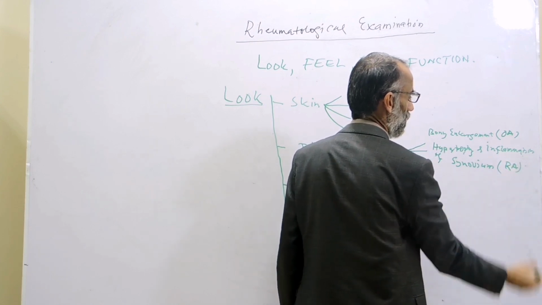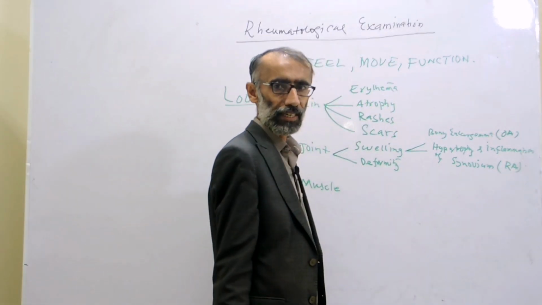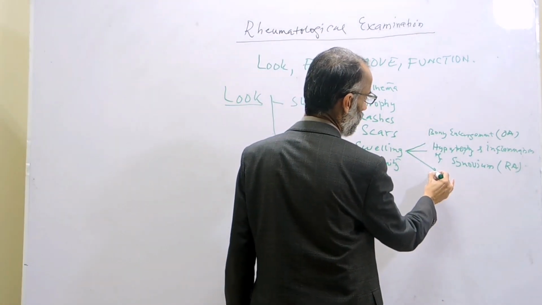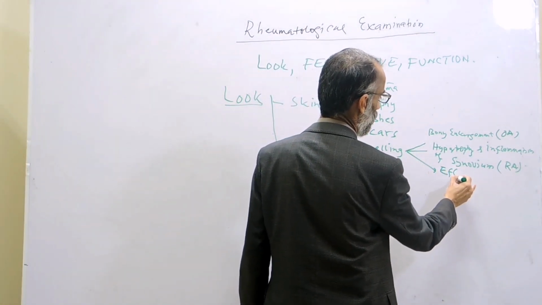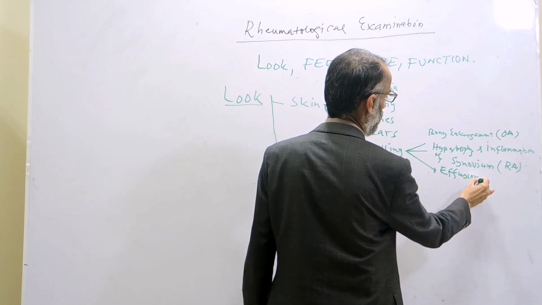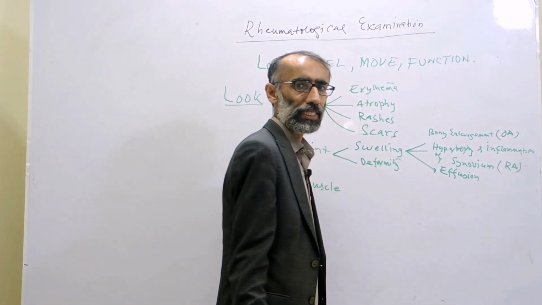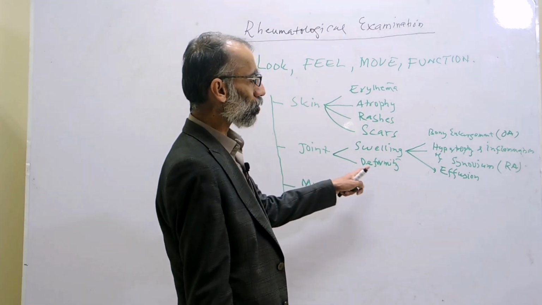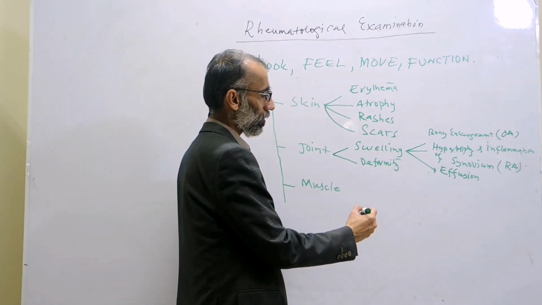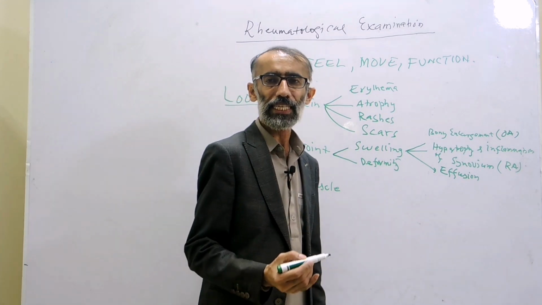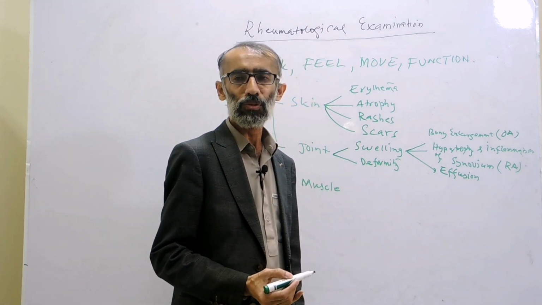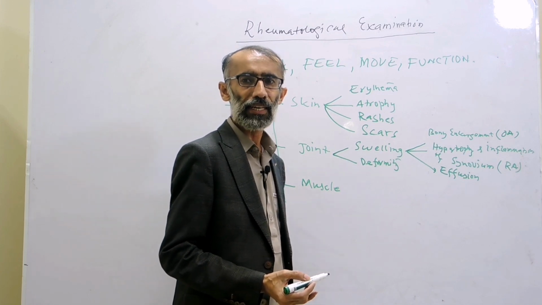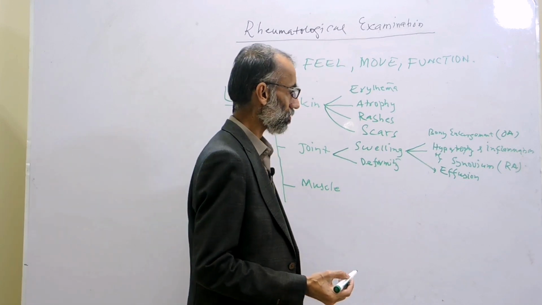Example is rheumatoid arthritis. Or swelling may be due to effusion into the joint space. Then you look for joint deformity. Joint deformity is a sign of chronicity. It indicates underlying chronic illness.